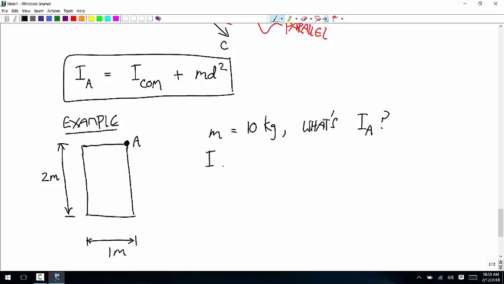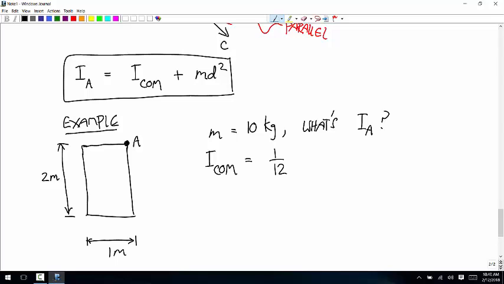So first, the mass moment of inertia about the center of mass is 1/12. I drew it in 2D, so anytime you see it in 2D, you can imagine that it's thin going into the page. And so we have to take both of these two distances into account.